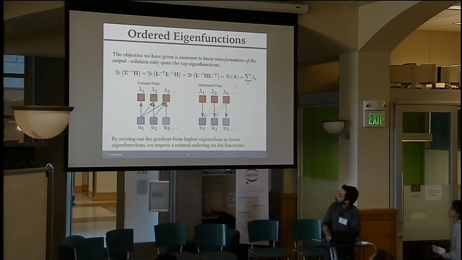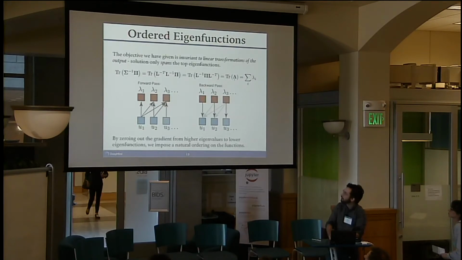And to actually get ordered eigenfunctions, so you don't just get an embedding that's invariant to rotation, but you want each dimension of your embedding to be meaningful, a bit like PCA, where your first principal component is different from your second principal component, and so on, we rewrite this objective in a symmetric form by taking the Cholesky decomposition here. If we were at the true solution, lambda, the objective written out in this form, lambda would be a diagonal matrix of eigenvalues.